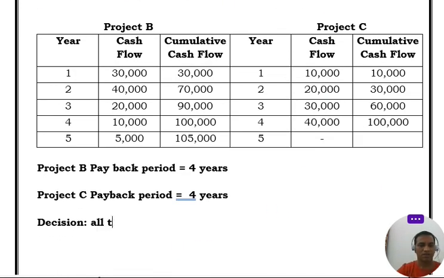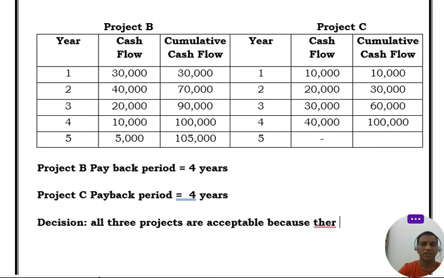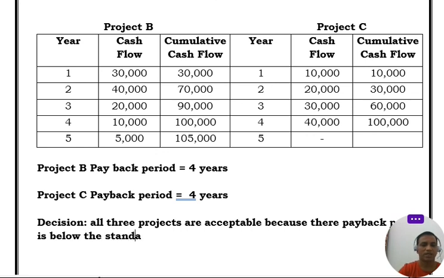So all three projects are acceptable because their payback period is below the standard payback period. All three are acceptable when compared to the standard payback period.